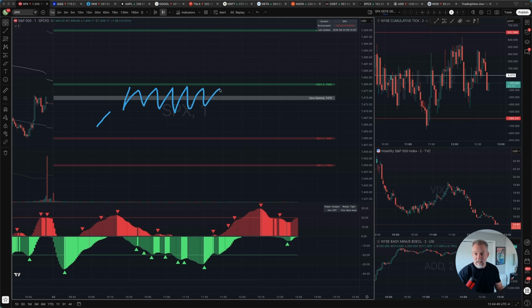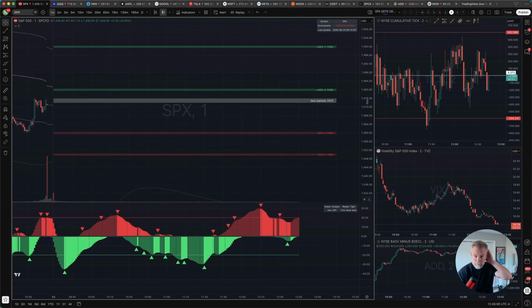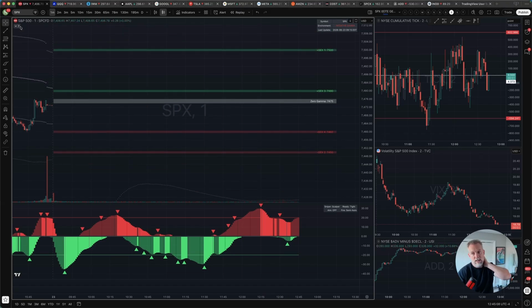When we get near these levels, there's a lot of volatility, right? So zero gamma is sometimes also called HVL, or a high volatility level. So when you come into these areas, you can get some pretty sharp movements or a lot of chop. So it's important to know where that is.